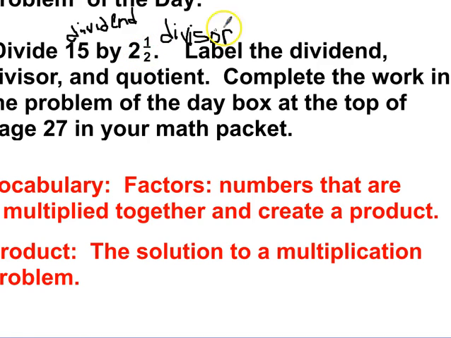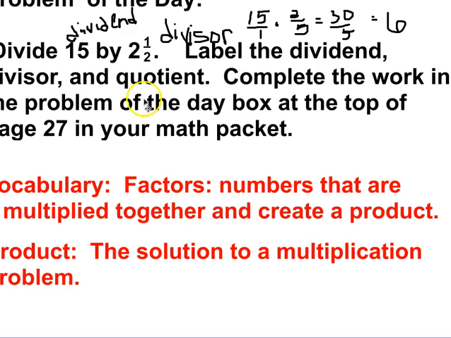It would have been 5 halves. And when you were using the multiplicative inverse, you would have changed 15 to multiplication and used the reciprocal for the divisor. And you would have ended up with 15 times 2, which is 30, and 1 times 5, which is 5. And your quotient, 5 goes into 30 6 times. 6 is your quotient.